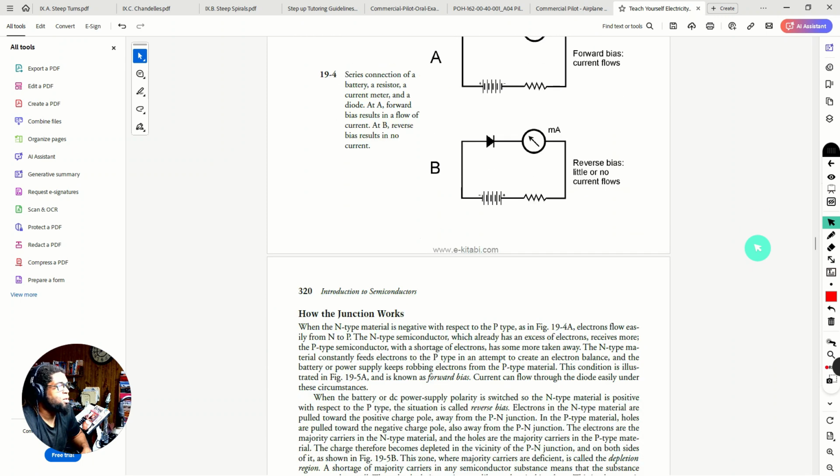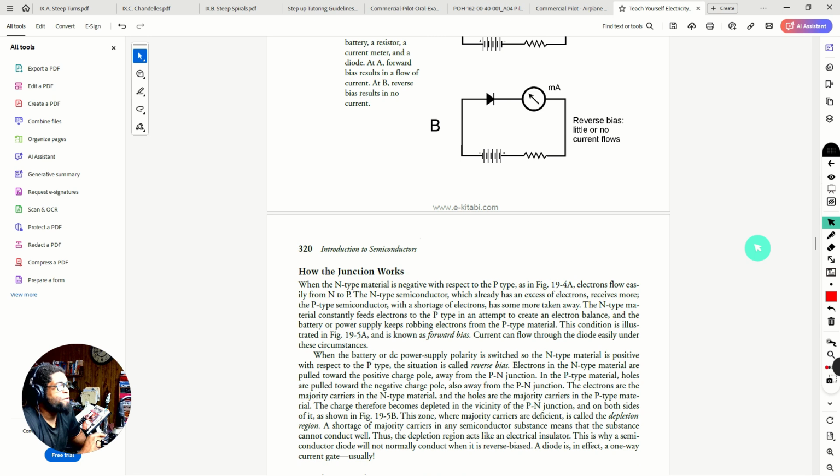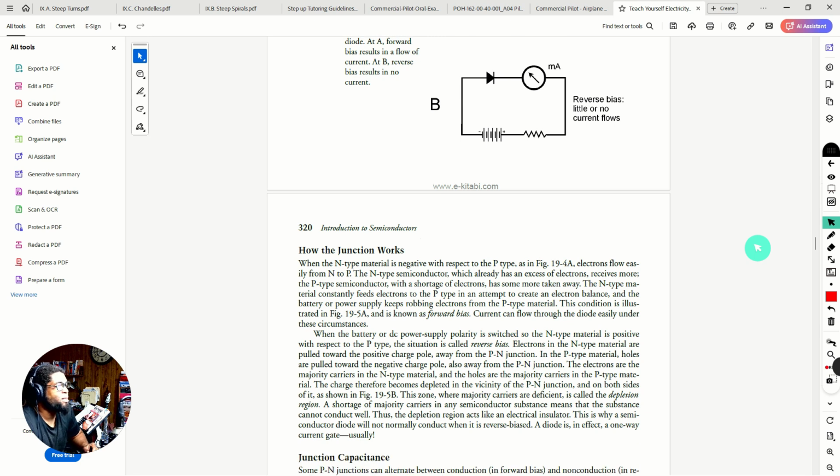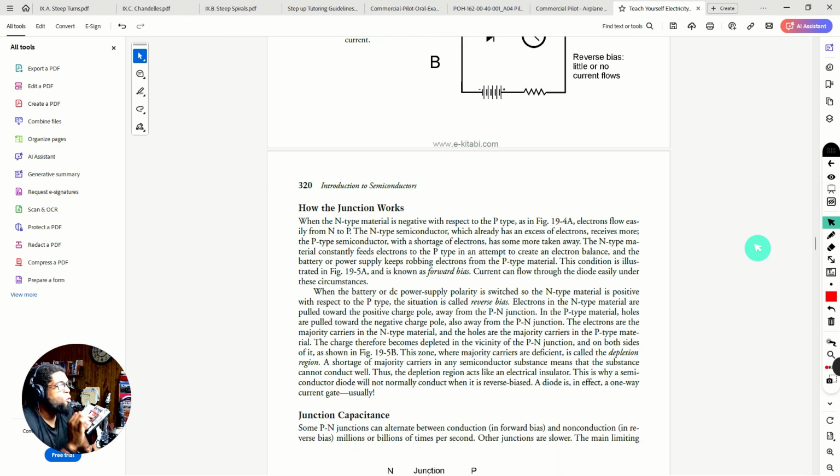We're getting some good information here. So now he's going to talk about forward biasing. When the N material is negative with respect to the P material, the electrons flow easily through the N to P junction. The N-type semiconductor, which already has an excess of electrons, receives more.